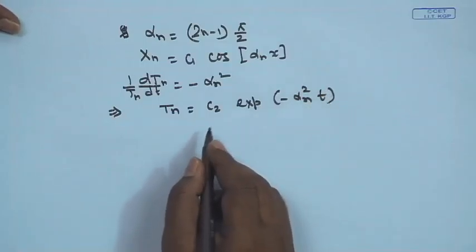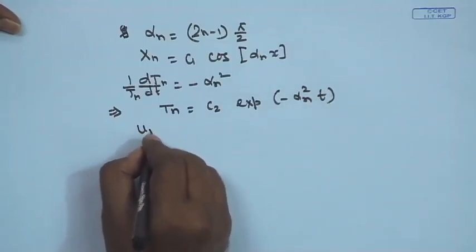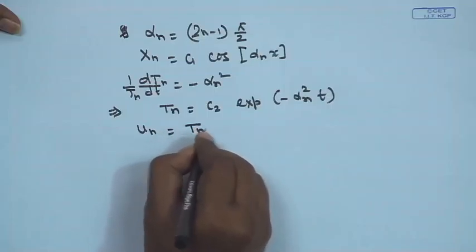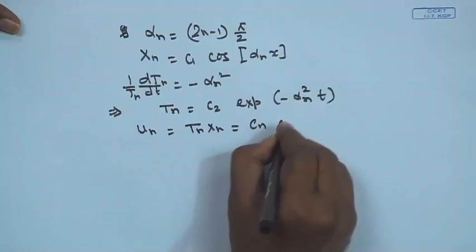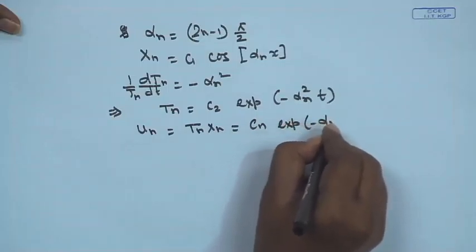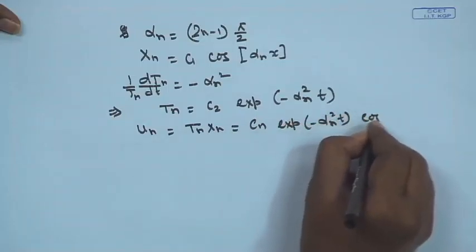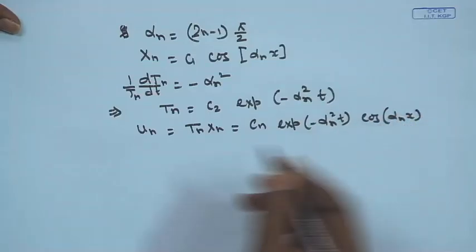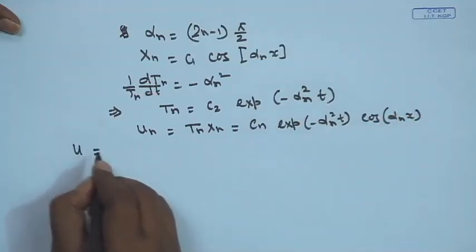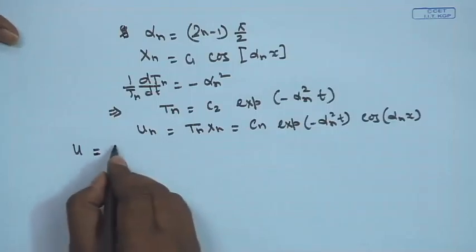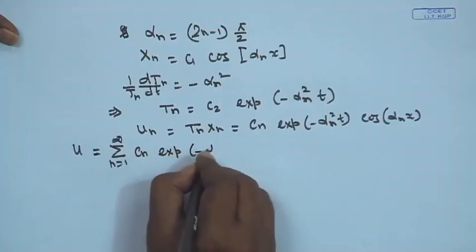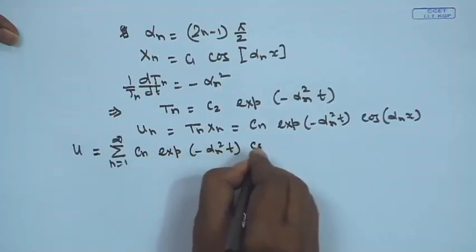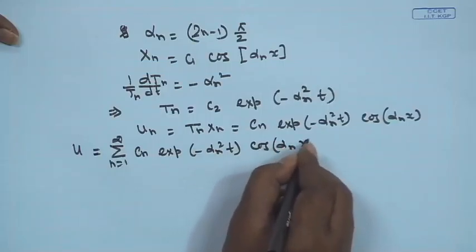So, we can get the complete solution u n is equal to T n X n, and C2 and C1 will be multiplied, giving a new constant C n exponential minus alpha n square t cosine alpha n x. And we will be getting the complete solution by superposing all the solutions, n is equal to 1 to infinity, C n exponential minus alpha n square t cosine alpha n x.